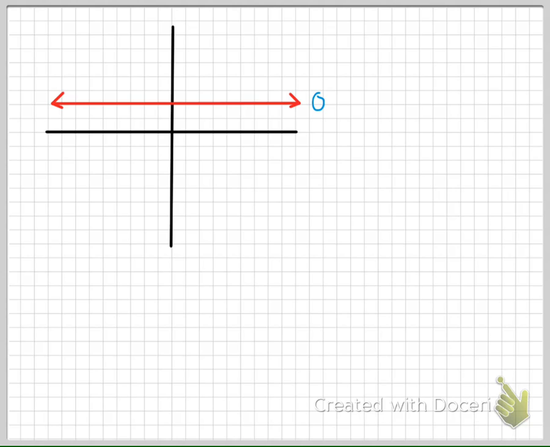Whereas if I have this line right here, well, it came out a little crooked, assuming it's straight up and down. This one's going to be undefined. So you need to be able to recognize from a graph zero slope versus undefined slope.